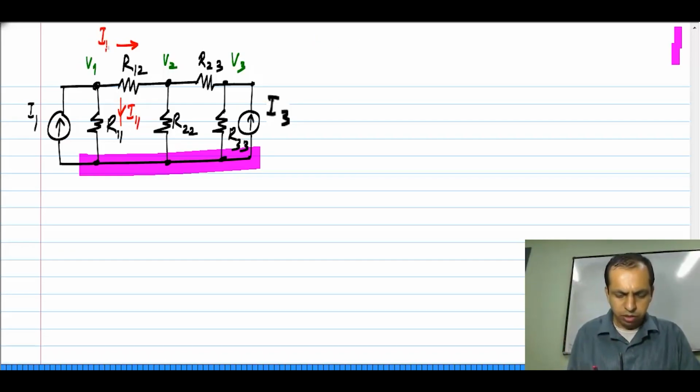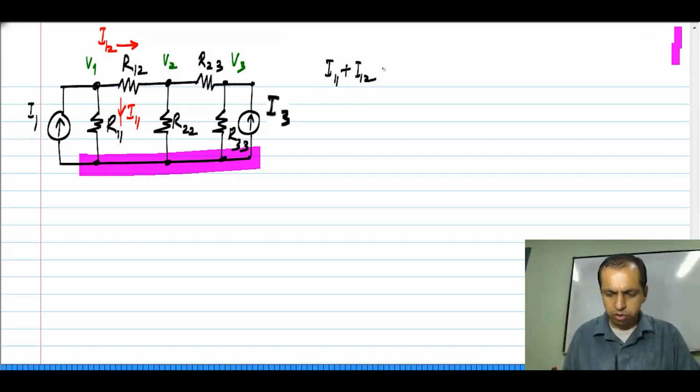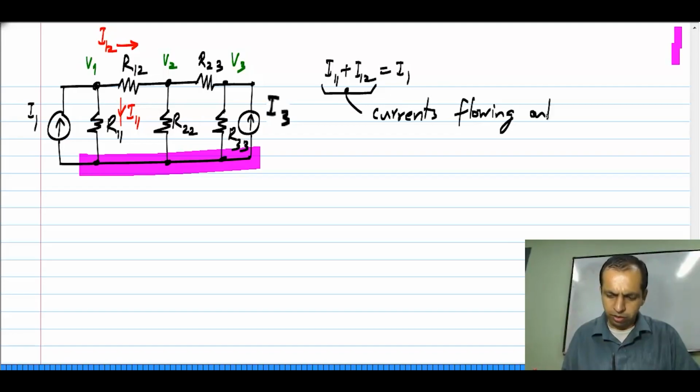I11 plus I12 equals I1. Okay. I11 plus I12 equals I1, and these are currents flowing out of node 1.